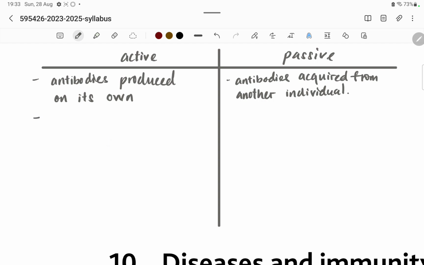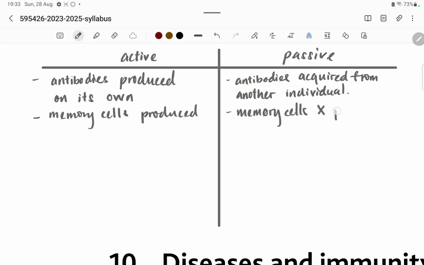And then after that, because antibodies are produced in active immunity, memory cells are produced. In passive immunity, memory cells are not produced. And then what else?